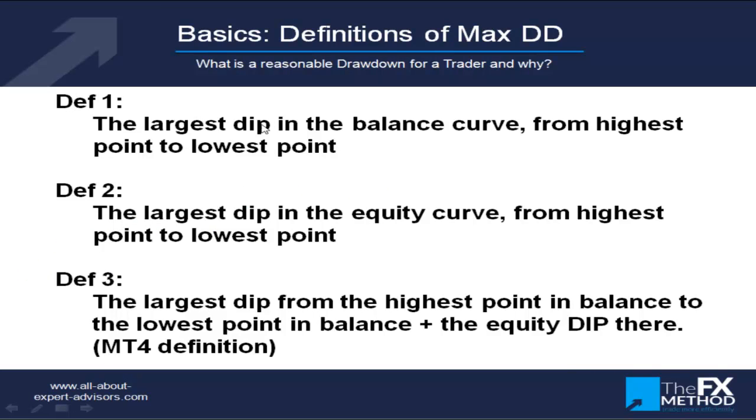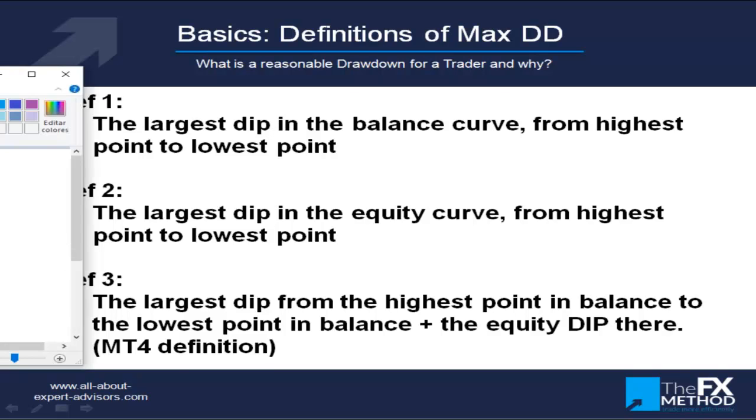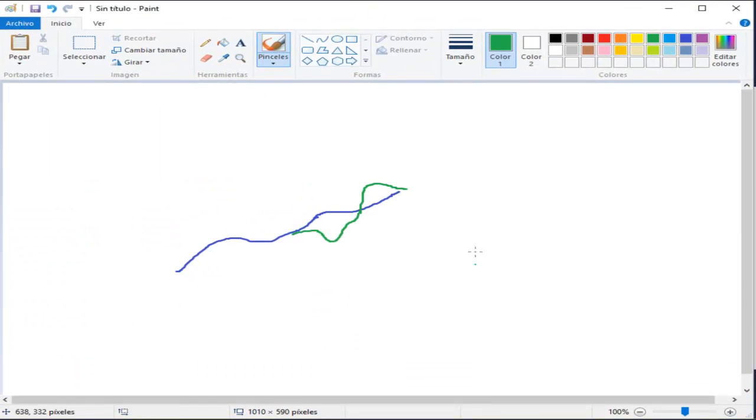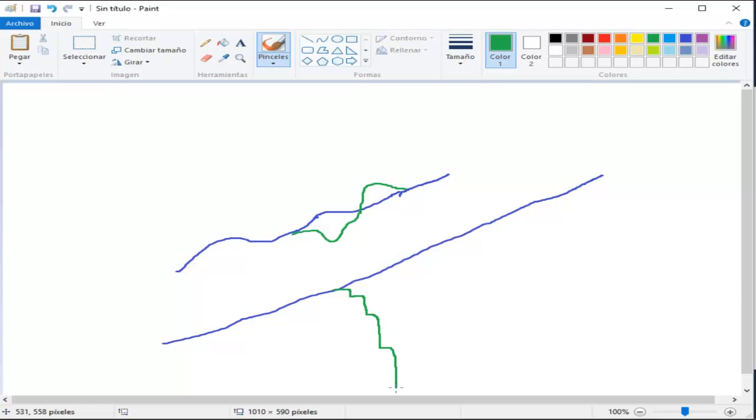Usually we mean the balance curve, but if we take, for example, a very risky trading system such as a martingale, you probably have heard about it, and you are trading a lot of lots, and usually in martingales the balance curve is like this, a perfect line, and the equity curve is doing something like this: 1 lot, 2 lots, 4 lots, 8 lots. You see that? It has this ugly equity area.